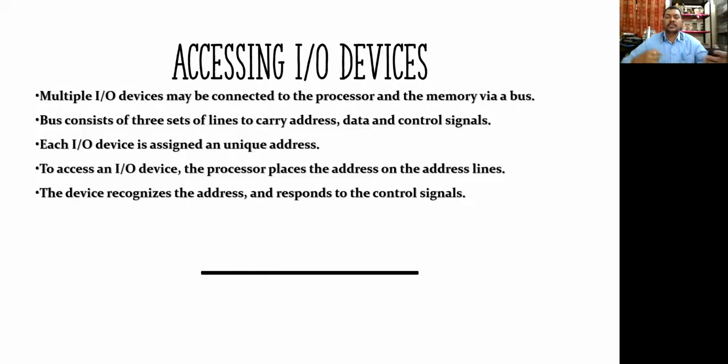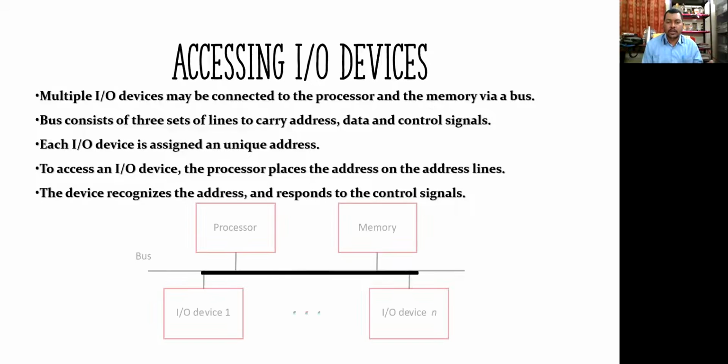As I told you in the last class, that whenever I call a student while teaching, that particular student has its own unique name. So if I call his name, then only he is going to respond, and the other devices will not respond. So the same is over here. The device recognizes the address and responds to the control signals.